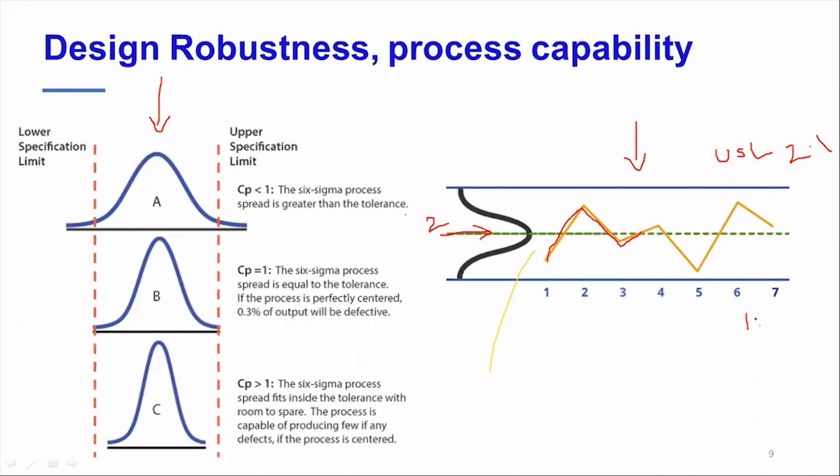As long as my fuel tank's thickness varies between 1.9 and 2.1, I am okay because it will still meet all my design and functional requirements. Because the process is such that the thickness is always maintained between these two levels.